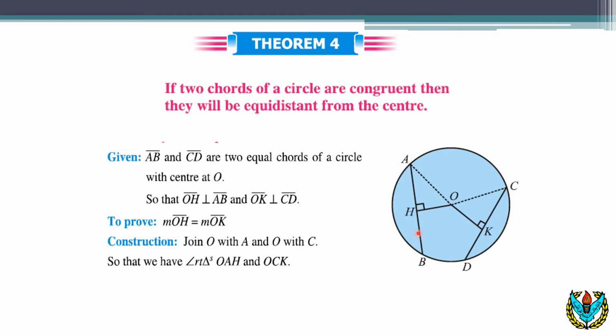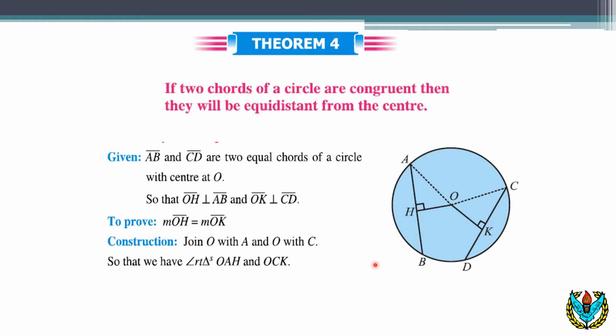OK is the perpendicular drawn from center to the chord CD. We have to prove that measurement OH, which is the perpendicular distance drawn from the center, is equal to measurement OK, the perpendicular distance drawn from center to the chord CD.